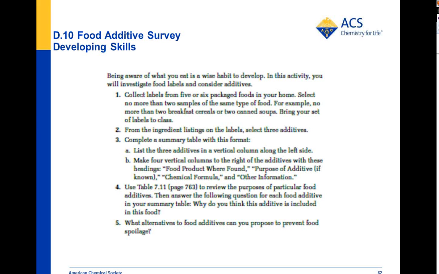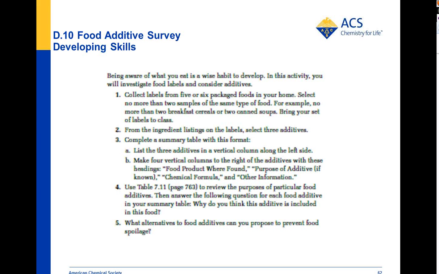So they're going to need a little bit of help with this, but they will start trying to analyze the food labels and look for the additives that are involved, and make a list of these additives in a data table that they set up.